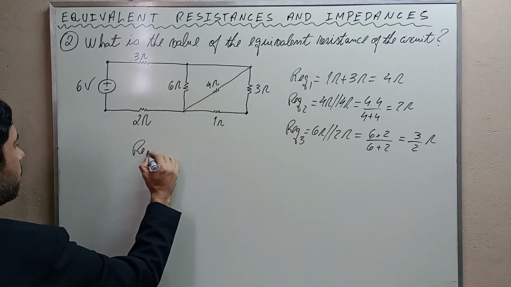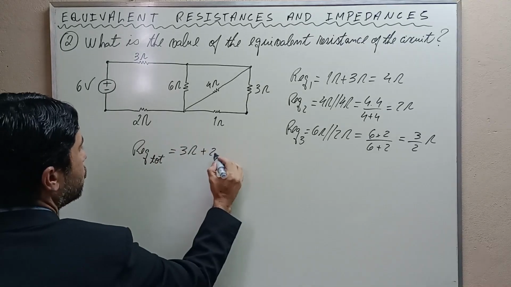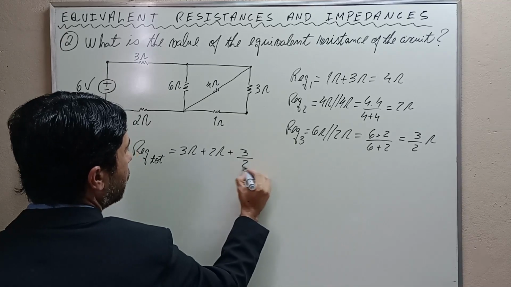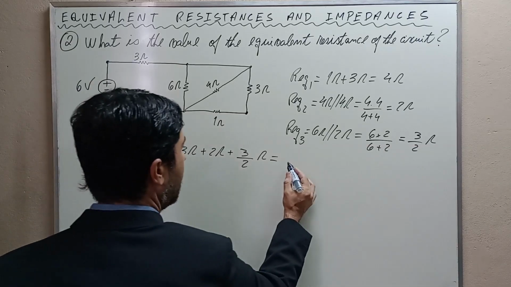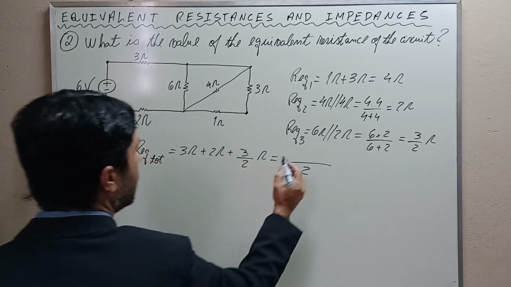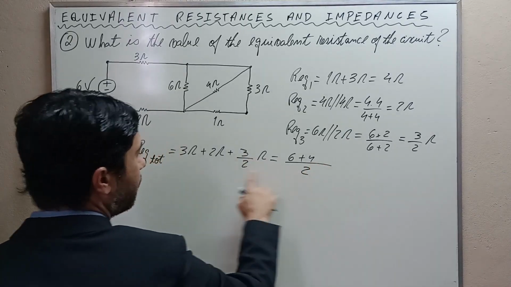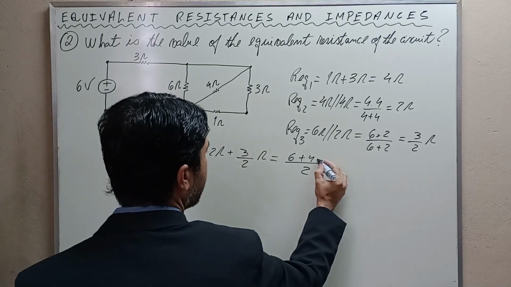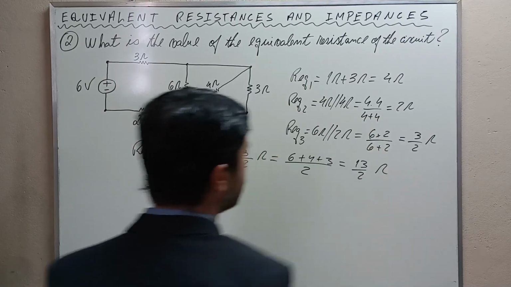So the total equivalent resistance will be the series combination between 3 plus 2 plus 3 halves, and this we find, taking the lowest common denominator, is 13 over 2 ohms. Okay?